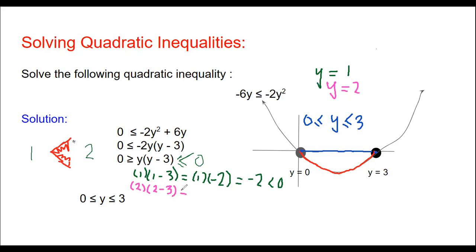That's going to give us 2 times 2 minus 3, which is going to be a minus 1. And 2 times minus 1 is going to give us a minus 2, which is less than 0. And that satisfies our inequality here. Okay, the equals to part comes from the fact that y can be 0 or y can be 3.